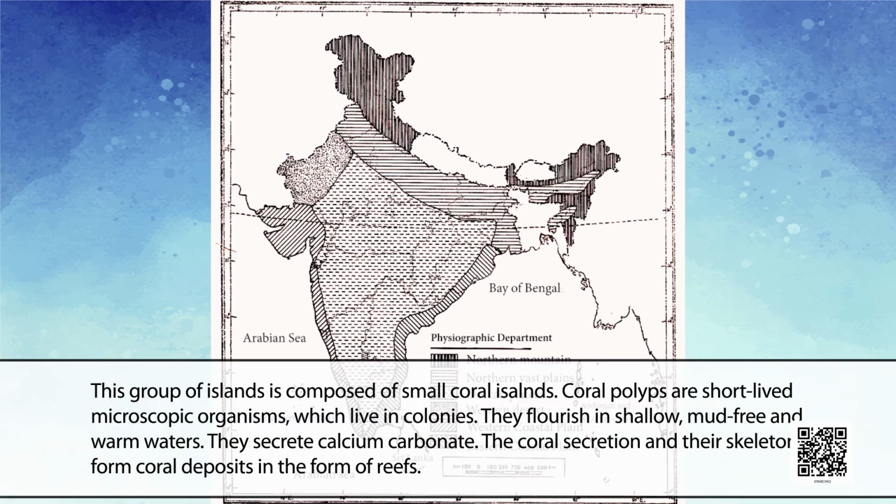This group of islands is composed of small coral islands. Coral polyps are short-lived microscopic organisms which live in colonies. They flourish in shallow, mud-free and warm waters. They secrete calcium carbonate, the coral secretion, and their skeletons form coral deposits in the form of reefs.